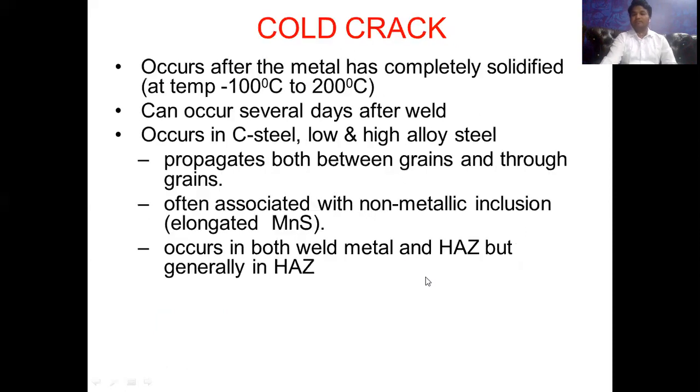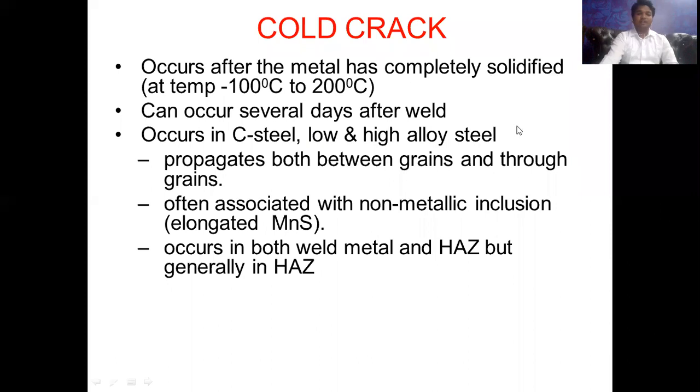Then coming to the cold cracks, this occurs after the metal has completely solidified, at temperatures between 100 and 200 degrees centigrade. So hot cracks are during the welding or right after the welding, but cold cracks occur completely after solidification when the temperature is between 100 and 200 degrees centigrade.